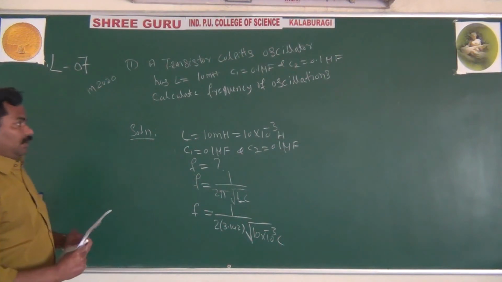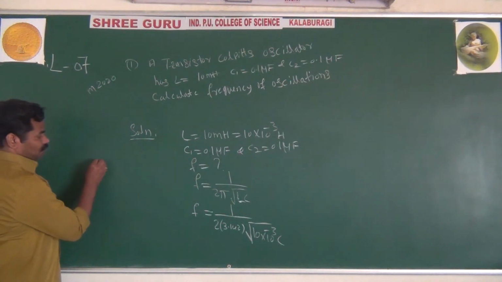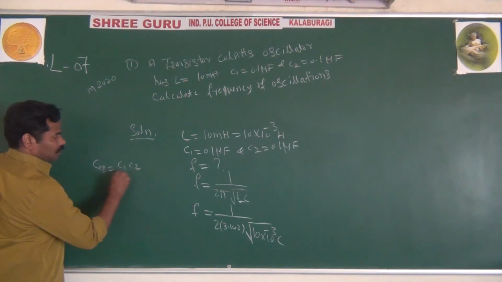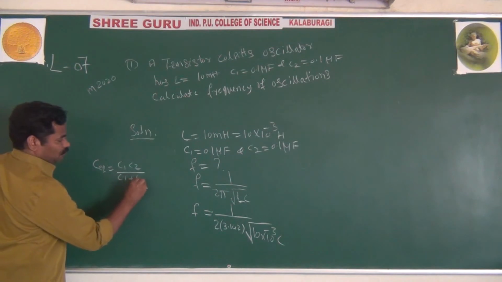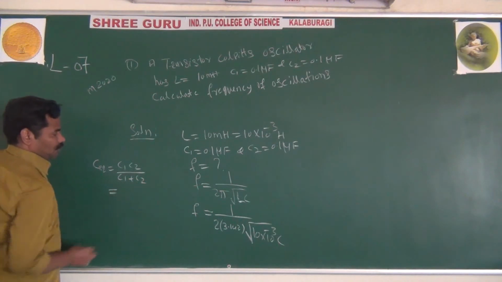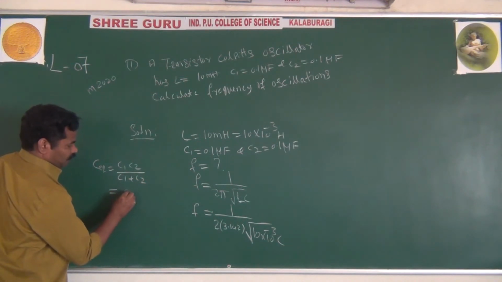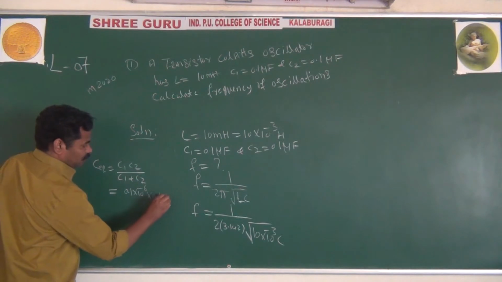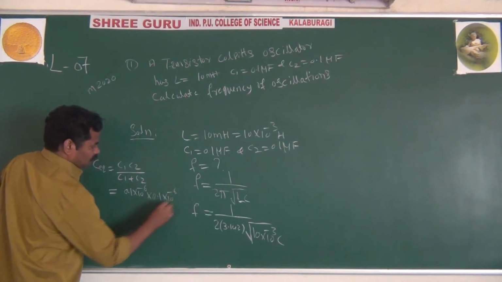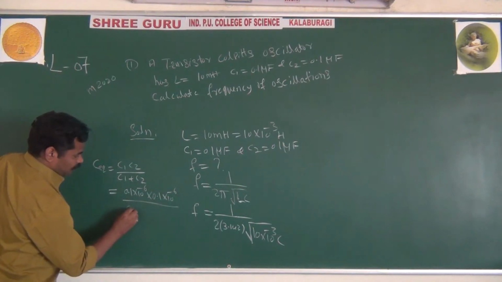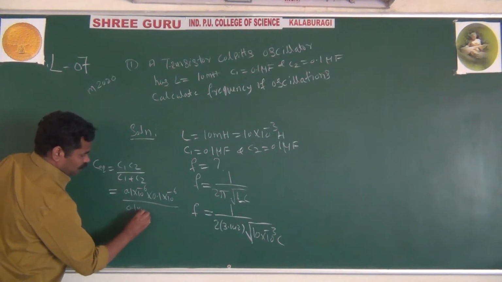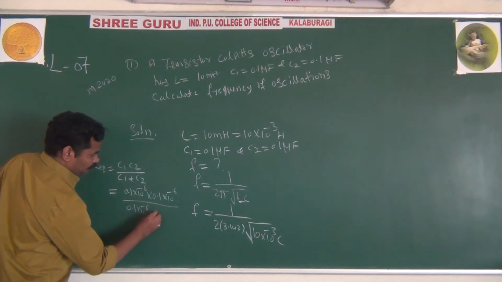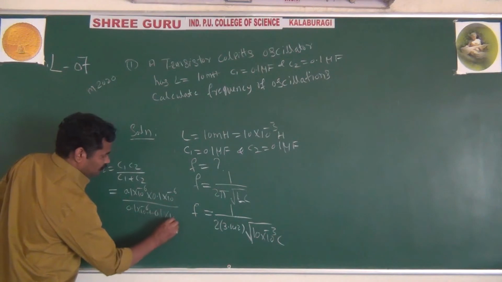Here you can write C effective equal to C1 C2 divided by C1 plus C2, and substitute the values: 0.1 into 10 to the minus 6 into 0.1 into 10 to the minus 6, and divide by 0.1 into 10 to the minus 6 plus 0.1 into 10 to the minus 6.